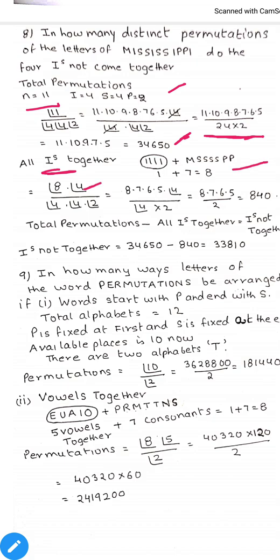This is permutation of I's. Then factorial 4 divided by repeaters, so factorial 4 gets cancelled out, and again factorial 8 can be reduced as 8, 7, 6, 5 factorial 4. Again factorial 4 is cancelled out, so we cancel out factorial 4 from both the sides. What do we get?